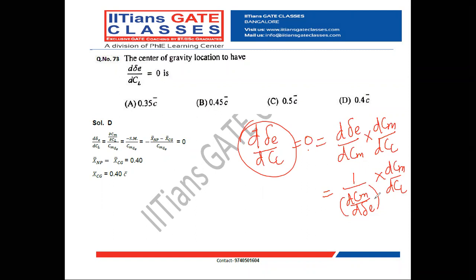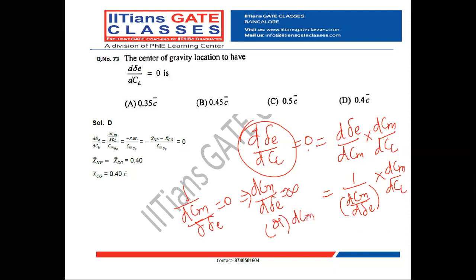Okay. So if 1 divided by dCm by d del E is 0, this implies dCm by d del E equal to infinity. Either this or dCm by dCl should be equal to 0 in order to achieve d del E by dCl equal to 0.